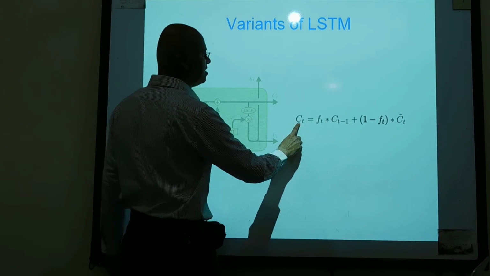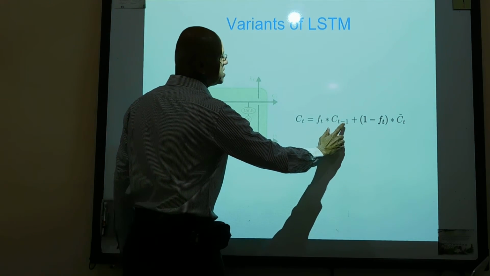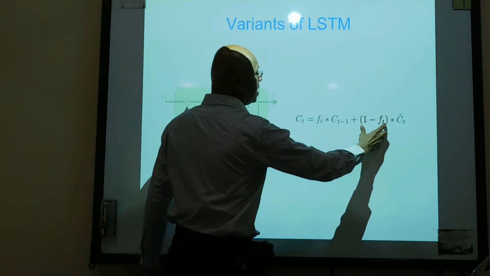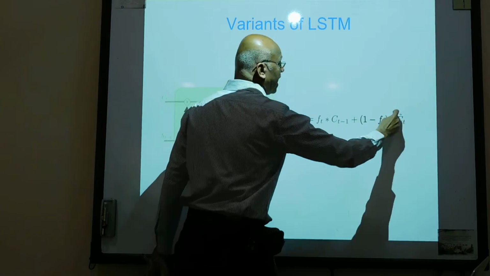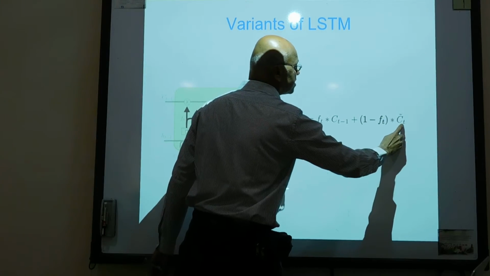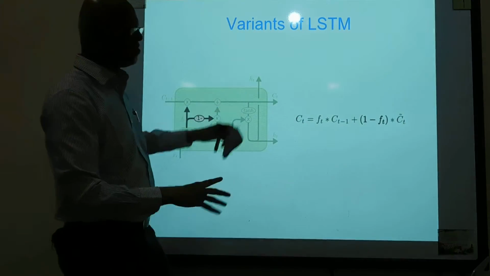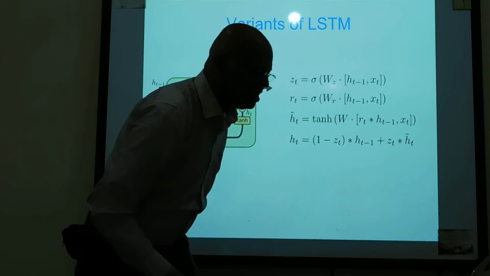The current state depends not only on the forget factor with respect to the cell state at the previous time instant and 1 minus of t of the current candidate for the state of the cell at the current time instant. So various such variants are there.